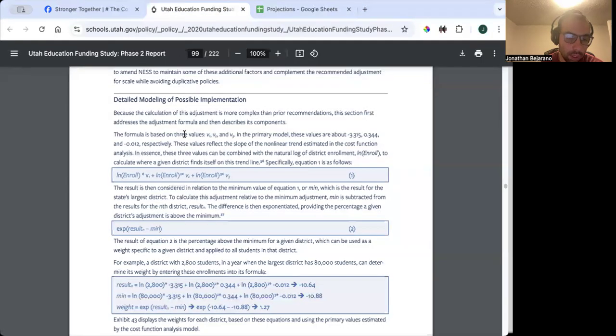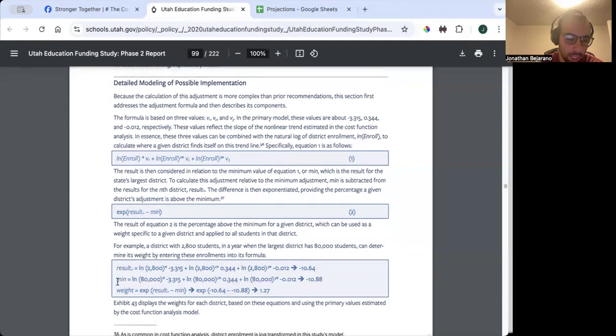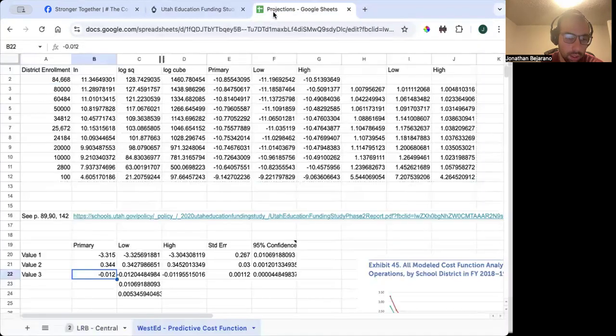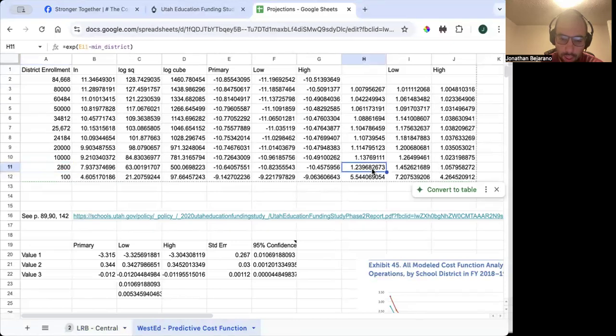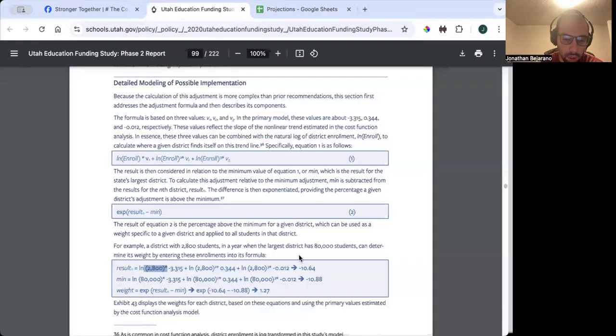So I'm following this formula exactly to the letter. Once I come up with this number right here, you can see I've got 2,800. So over here, I put in 2,800, and then I can check that I'm getting negative 10.4.